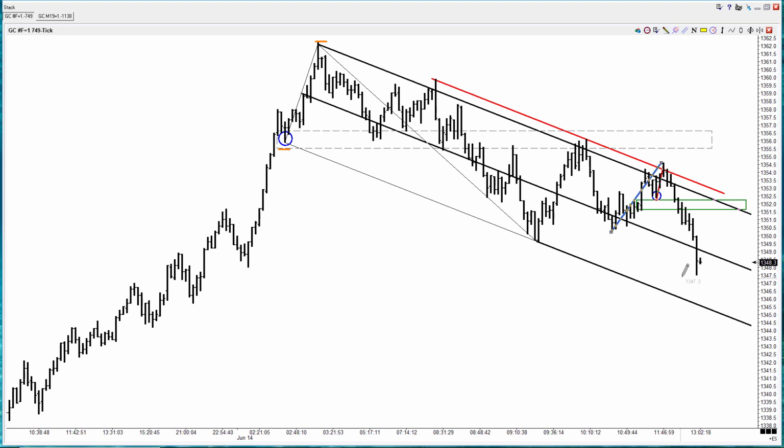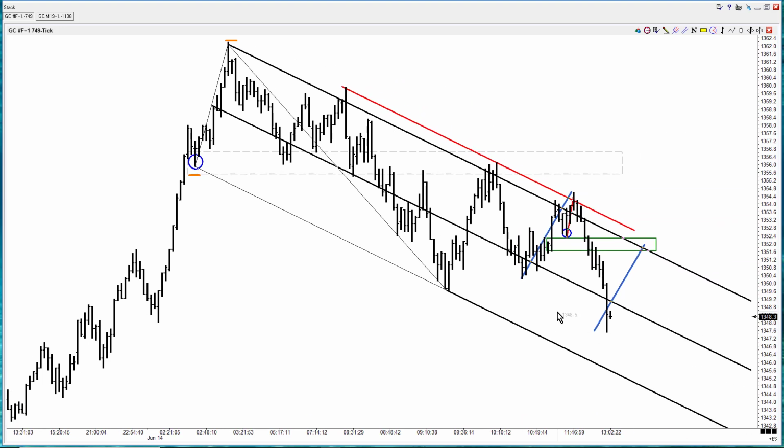There she goes. Maybe something like this. Getting a little late in the day, so we'll cancel that, but you get the idea. So, it's trading. Sometimes you get hit, and sometimes you don't get hit.